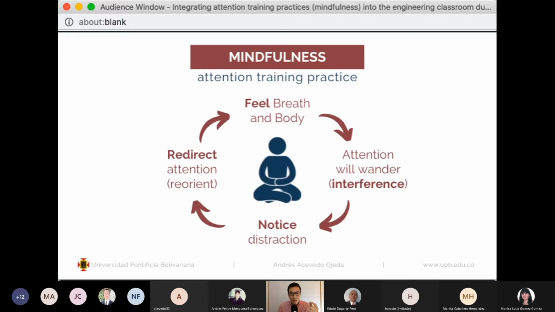And you do this as many times as it is necessary. That is the practice. That is how you train to regulate your attention. To notice when you're distracted by external or internal interference, reorient your attention, and you just begin again. That is the practice.